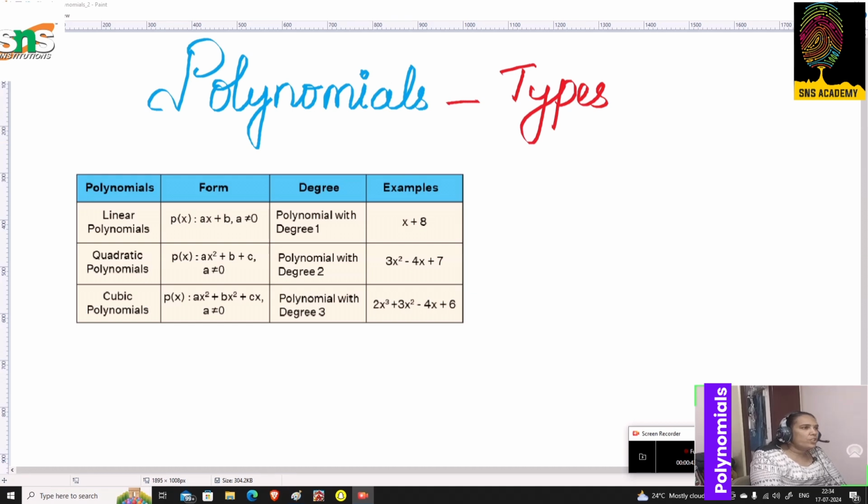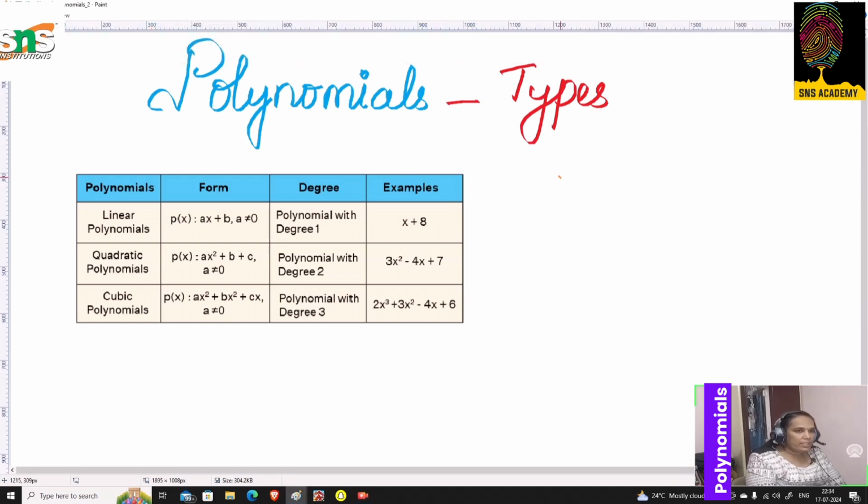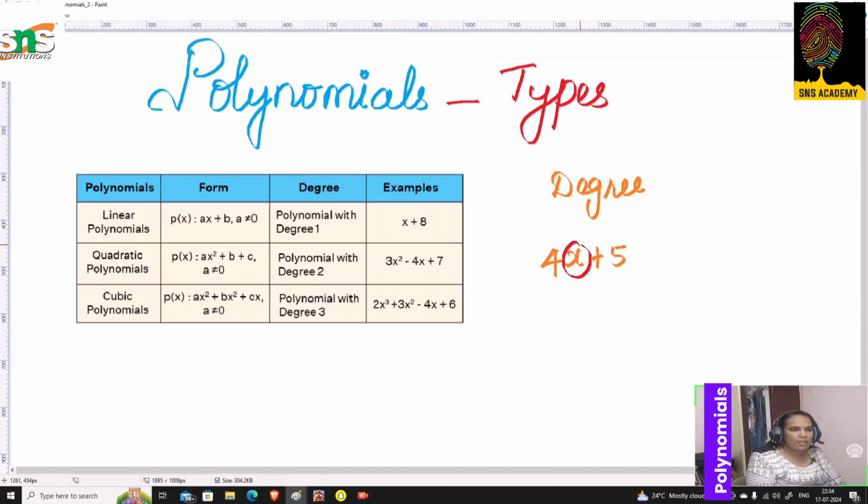Here we are going to check the degree of the particular polynomial. According to the degree, we are going to decide the type of a polynomial. So for example, 4x plus 5. When you observe the degree of this polynomial, the variable x has power 1.